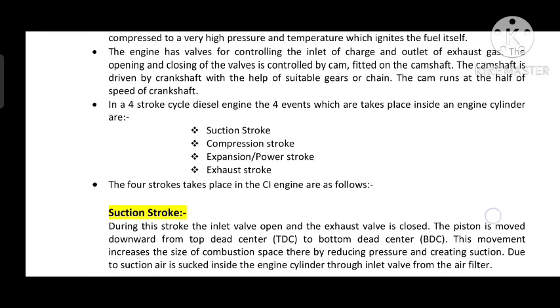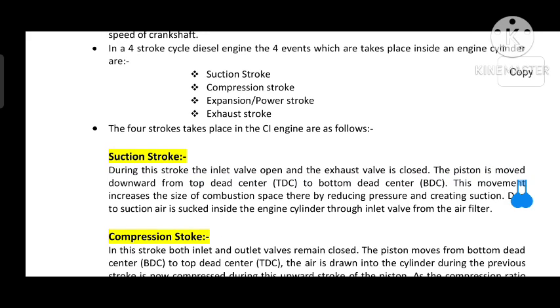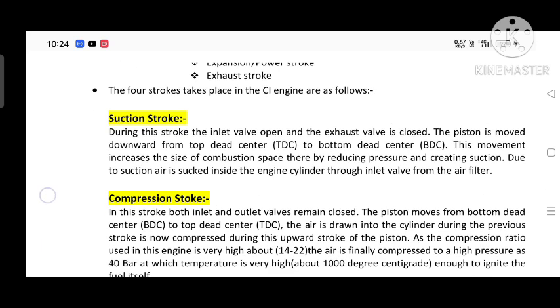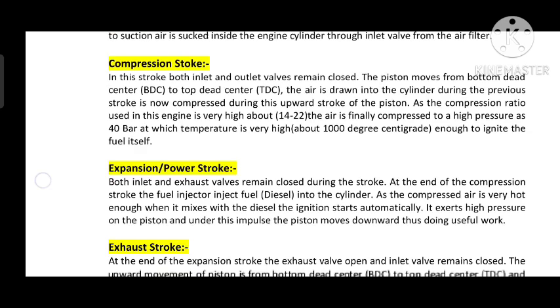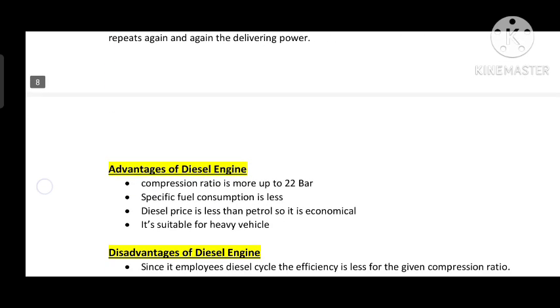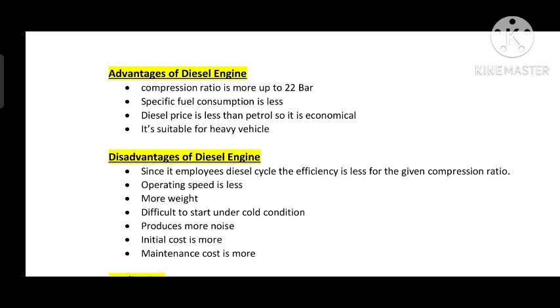The cyclic process of the diesel engine is the same, but the difference is that air is coming inside the engine cylinder during the suction stroke, and at the end of the compression stroke, the fuel injector injects fuel. This is the basic difference between petrol and diesel engine.